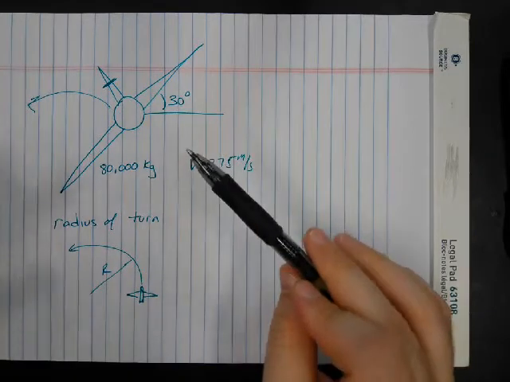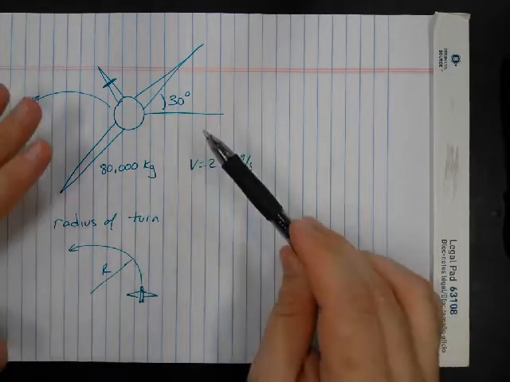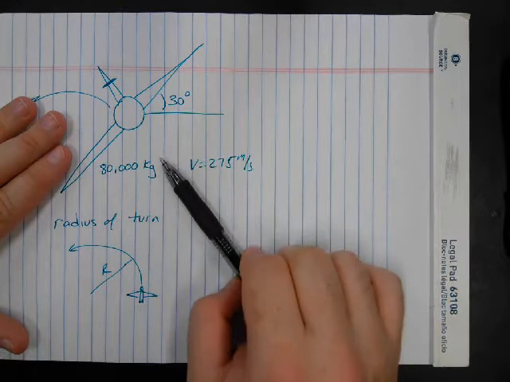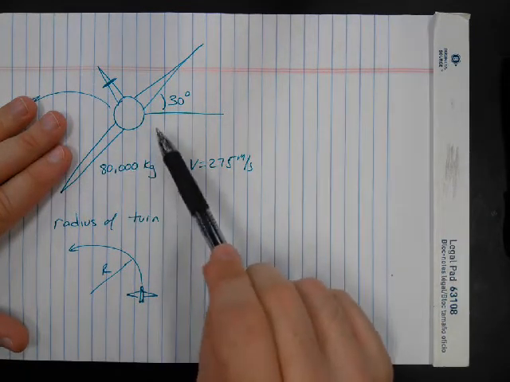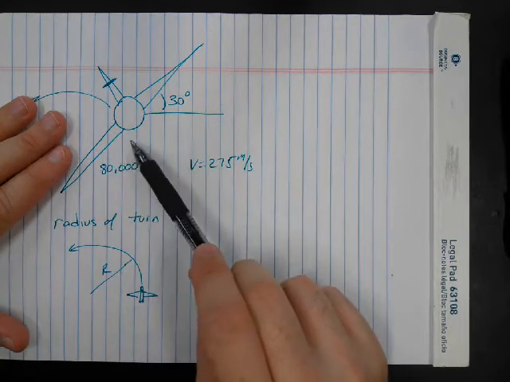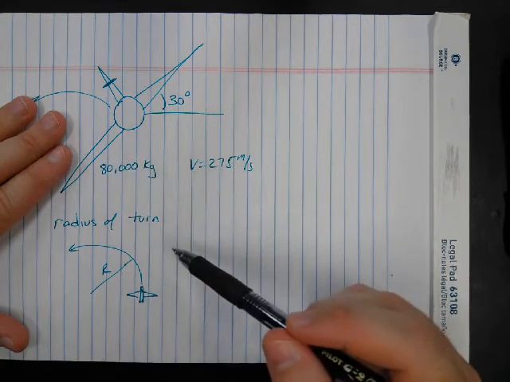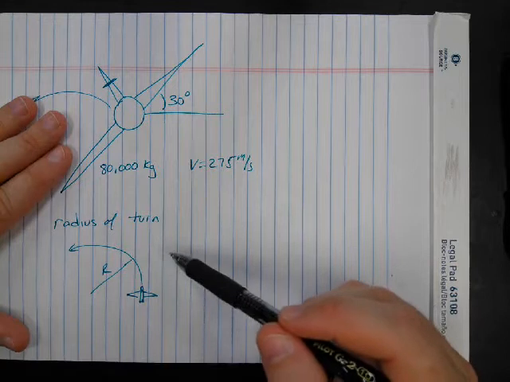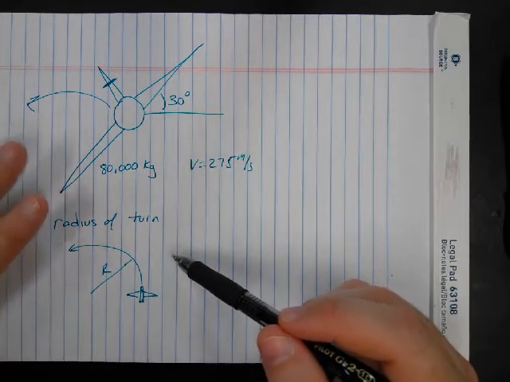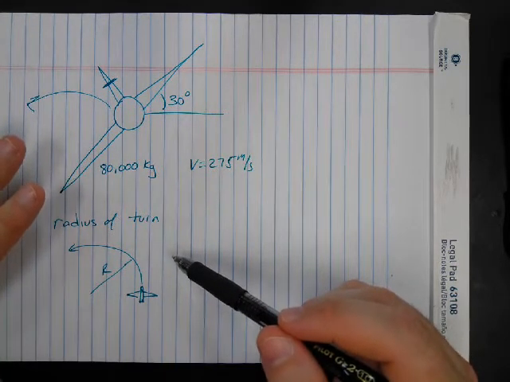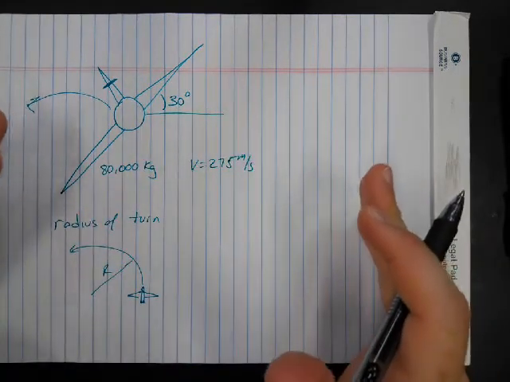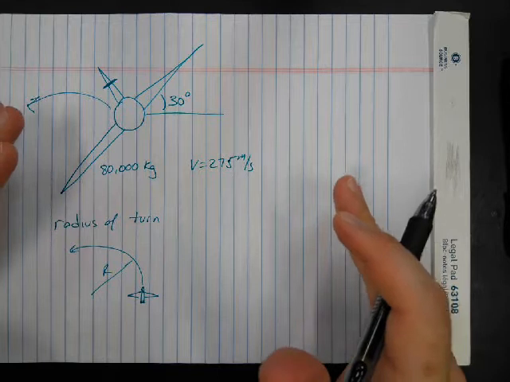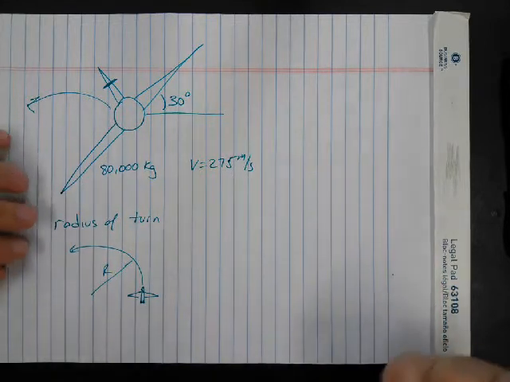I'm showing you a problem that seems completely unrelated to what you're doing, but you do have a couple of these in the homework. It's not an airplane. It is the conical pendulum problem, and if you have a banked turn.